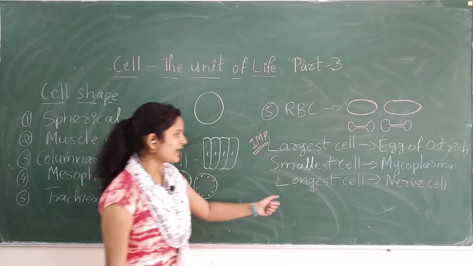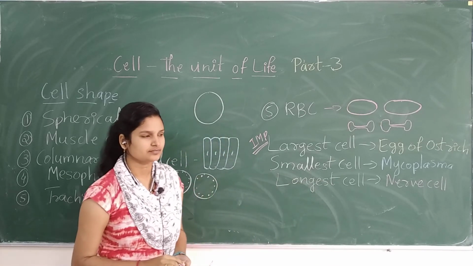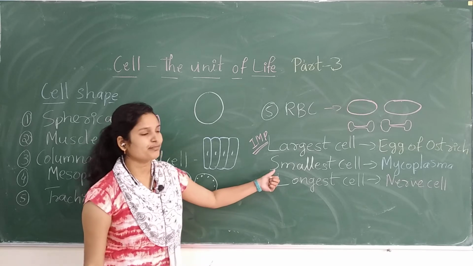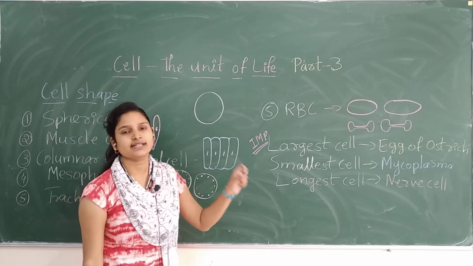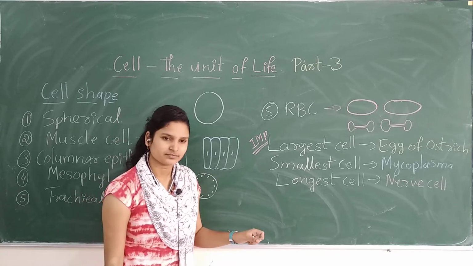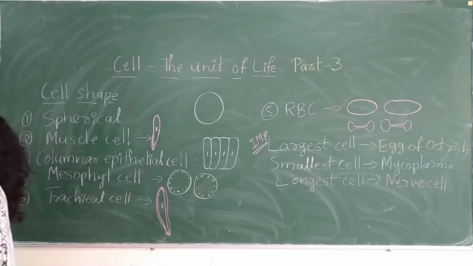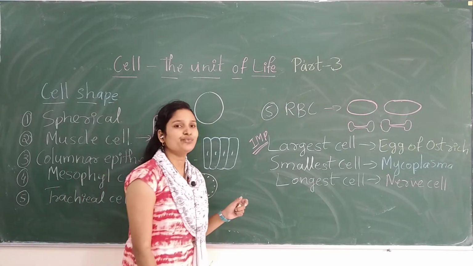Okay, remember this. Can you tell me what is the size of mycoplasma? Since we have told it is the smallest cell. It is 0.3 μm.